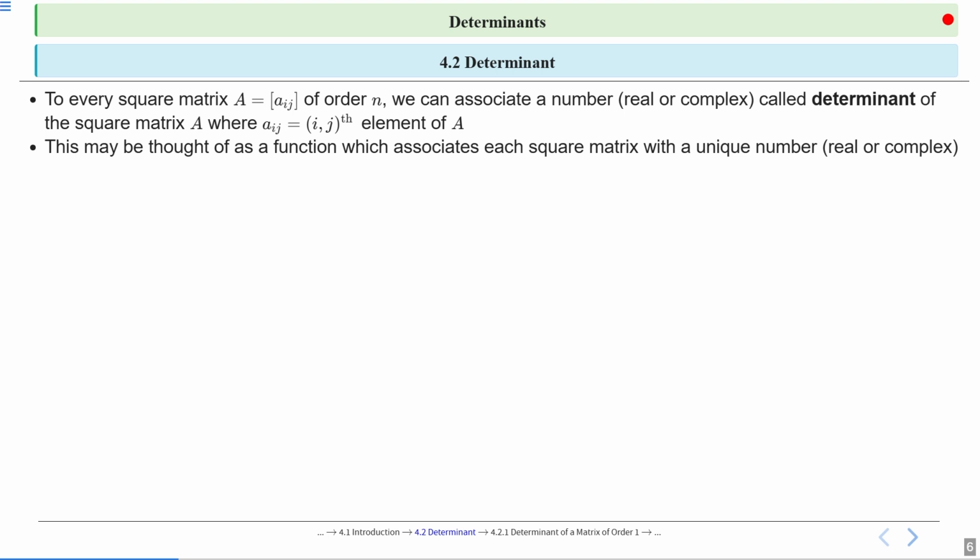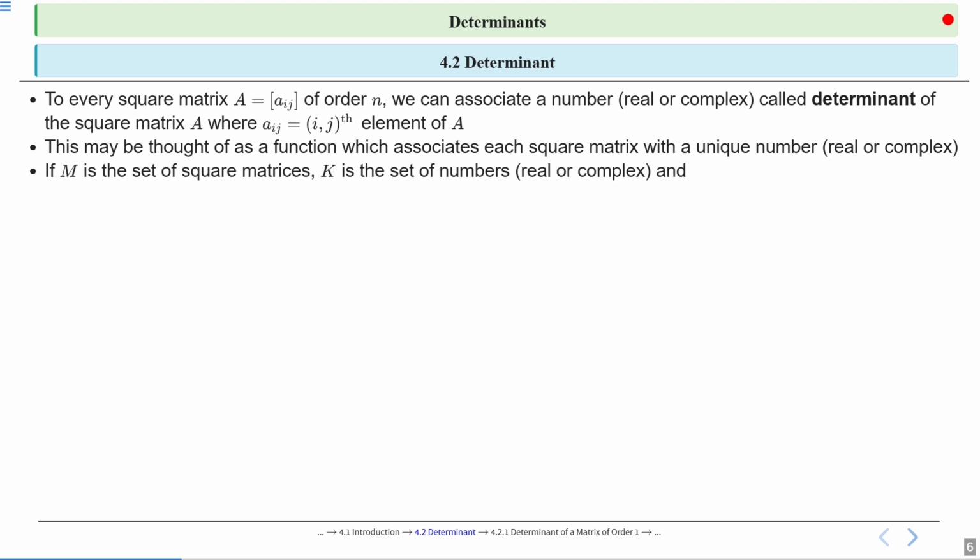We define a function from the set of all square matrices to the set of real and complex numbers. So each matrix we take is associated with a unique number that can be real or complex. So finding a determinant for a square matrix can be considered as a function.